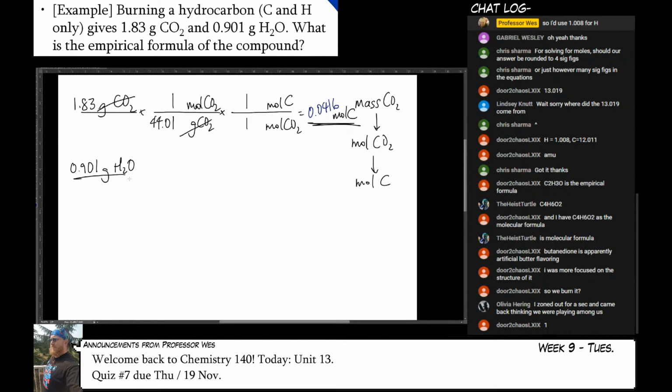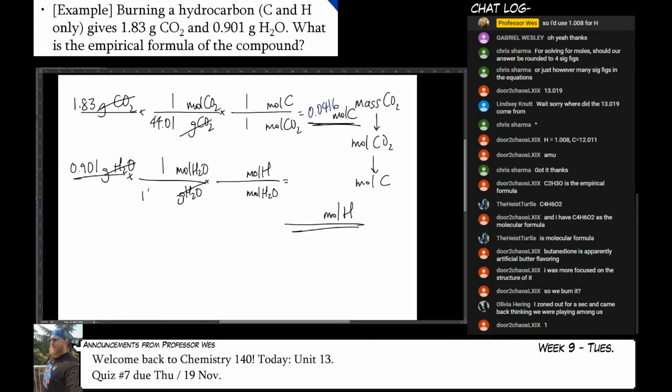All right, let's do the same thing with hydrogen here. So I'm going to turn grams into moles. And we'll turn moles of water, I'm sorry, into moles of hydrogen. And I'll do that one down here so I have a little more space. All right, same thing as before.